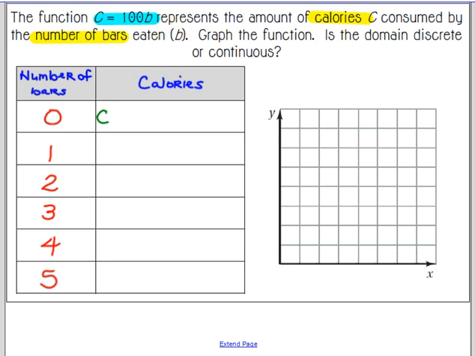So the calories equals 100 times the number of bars that we eat. So there are 100 calories per bar. So if we have 0 bars, then we consume 0 calories. If we consume 1 bar and it has 100 calories, so 100 times 1 would give us a calorie intake of 100. And continuing our table.